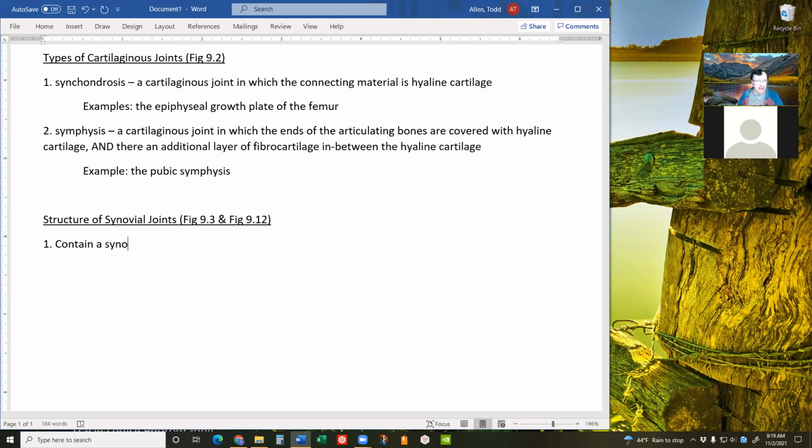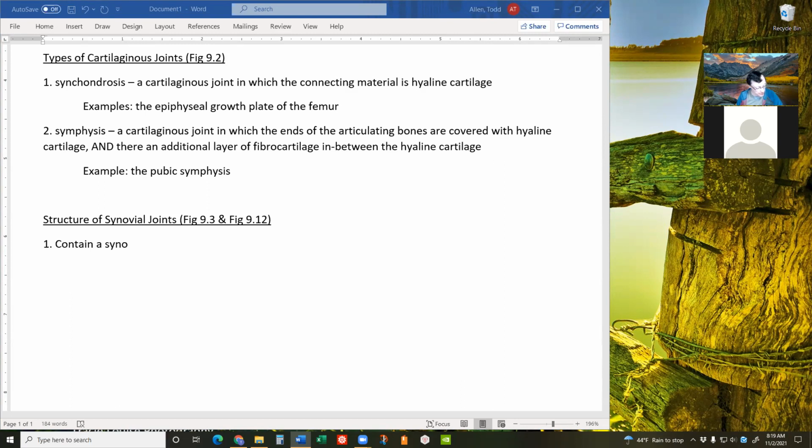So let me ask you in the chat window, let me just ask you to make sure that you're putting an eyeball on these things. In figure 9.3, part A, what color is the articular / synovial cavity?